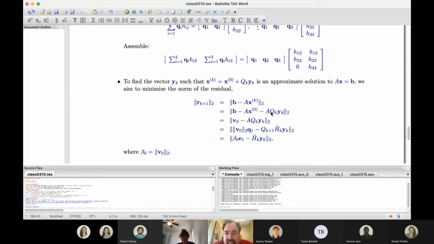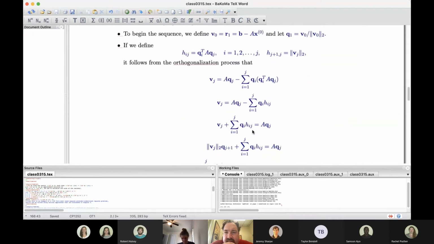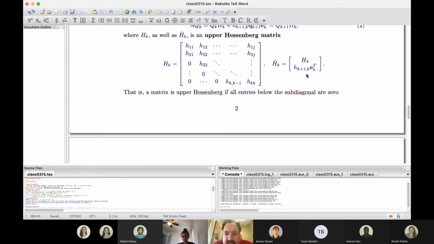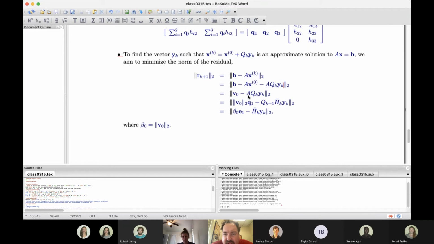But b minus A x naught was defined earlier to be v naught. So now we have this. But v naught is equal to its own 2 norm times Q1, because that's based on how Q1 was defined. That happened up here. Now, A Qk can be expressed as Qk plus 1 Hk tilde. That was shown earlier.